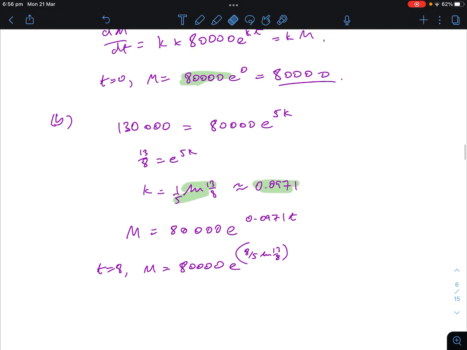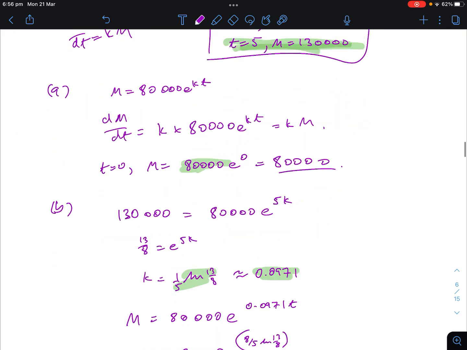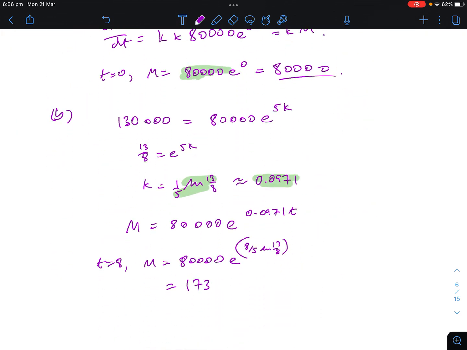I've already written that, so how do I get that from my calculator? Well, in my case, I'm going to write 80,000 times e to the power of 8 times the answer I already had in the calculator, which gives me 173,000, was it to the nearest thousand? So that's 174,000 to the nearest thousand, in fact.